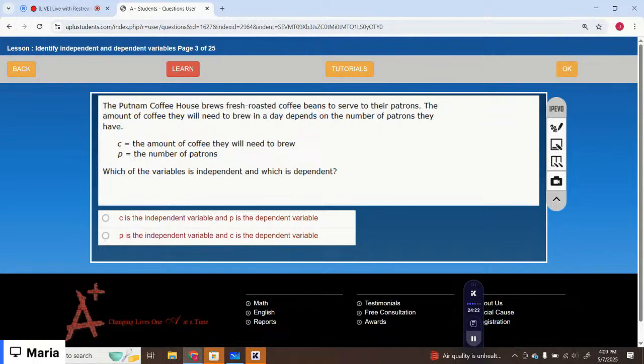The amount of coffee is dependent on the number of patrons, right? So that means C is the dependent variable and P is the independent variable. Option number two is the correct option.